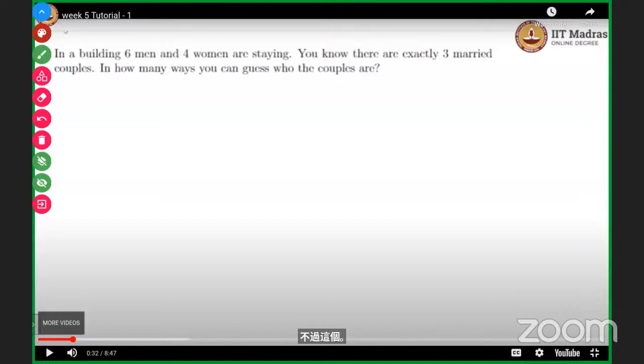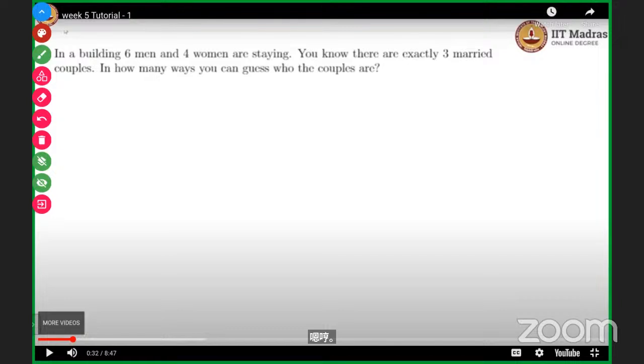Actually, the question itself is a bit confusing to me. I don't really understand what they are asking, because the answer that came is about 480. That is how they have explained it. But I got a very simple solution: I just multiplied 6 by 4 and thought only 24 pairs are possible.